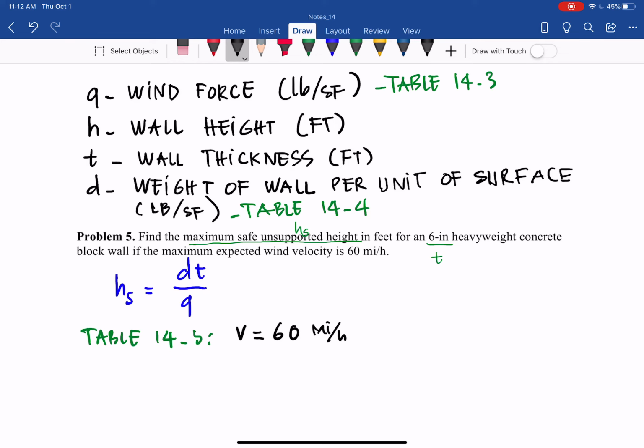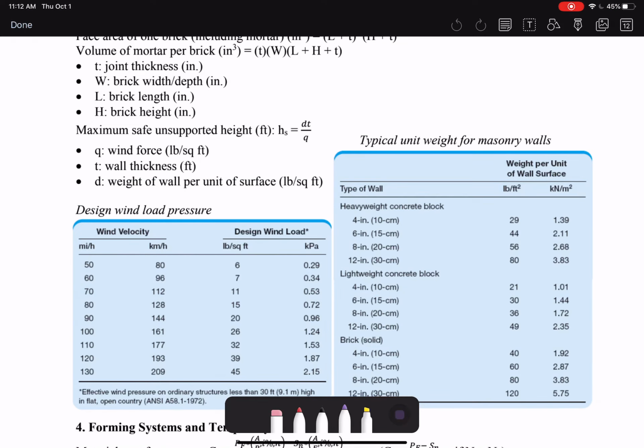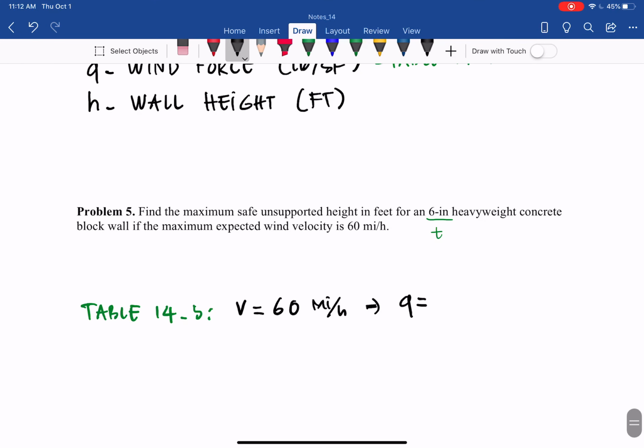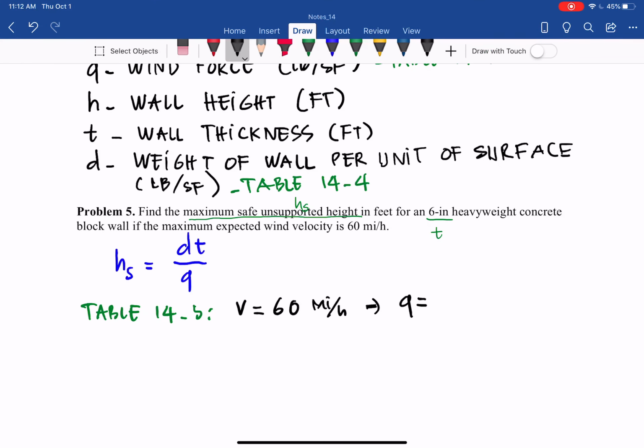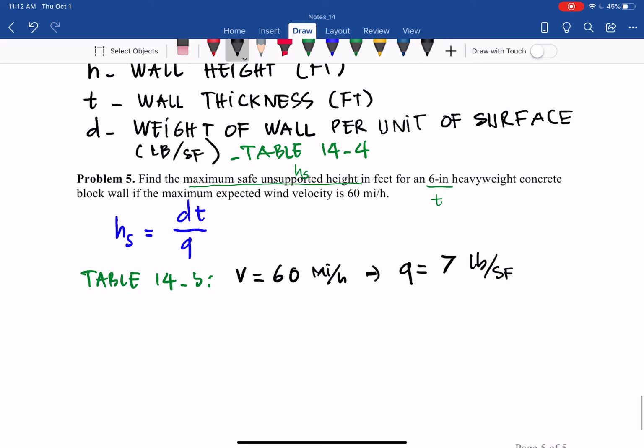Then we can find q. Going to the reference here, at 60 miles per hour, the design wind load will be 7 pounds per square foot. So here we have q equals 7 pounds per square foot.